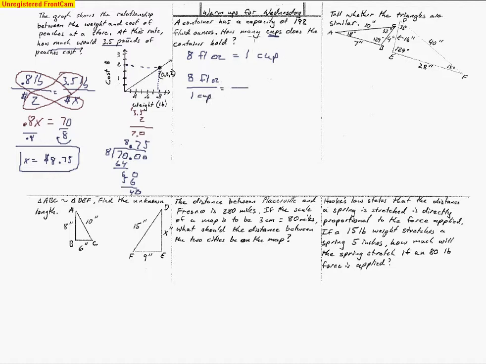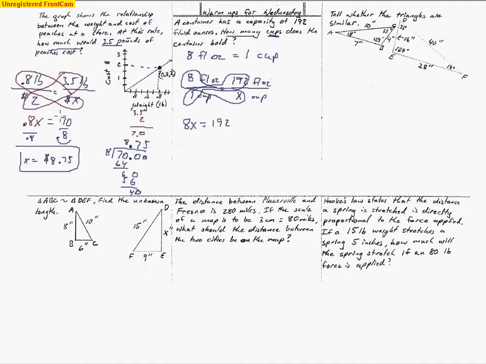The container holds 192 fluid ounces, so I'll put that on top. Then down below, I'm looking for the number of cups. That's what they're asking, how many cups. Now we're ready to solve. I'm going to cross multiply diagonally, which makes 8x equals 1 times 192, which is 192, and then I divide.